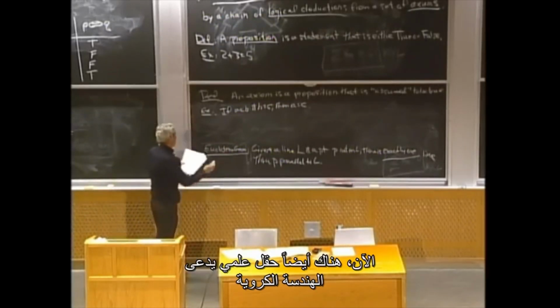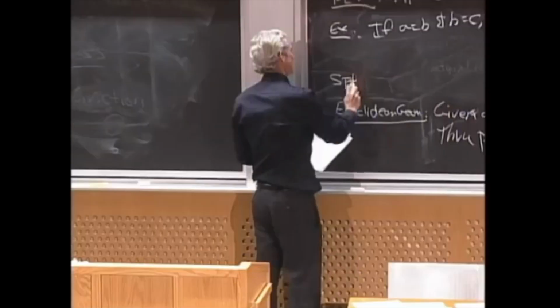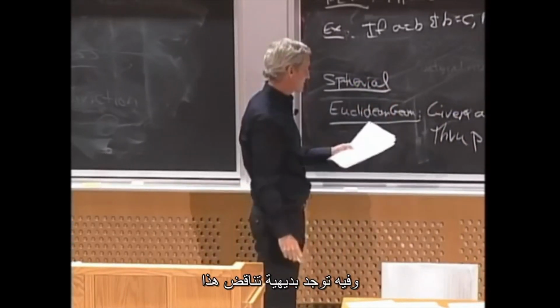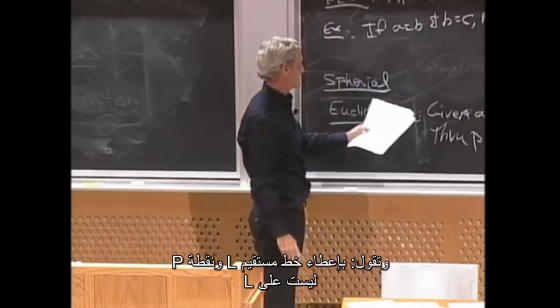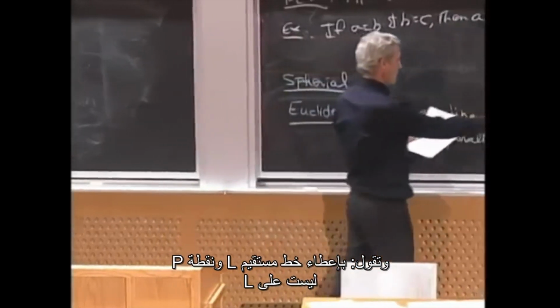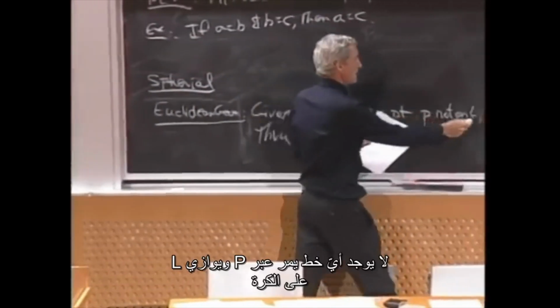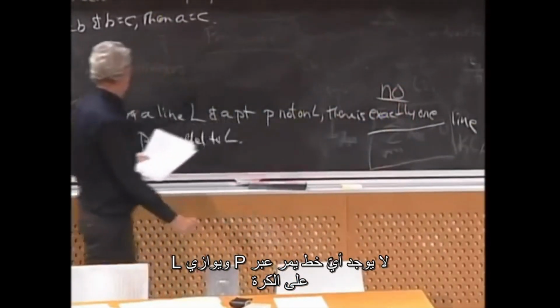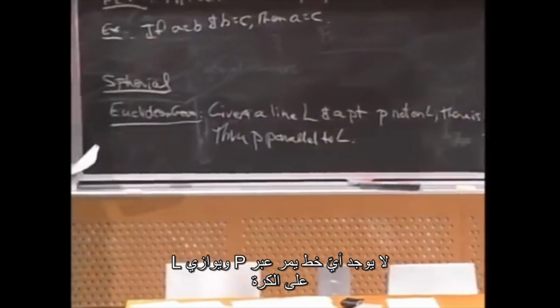Now, there's also a field called spherical geometry. And there you have an axiom that contradicts this. It says, given a line L and a point P not on L, there is no line through P parallel to L on the sphere.